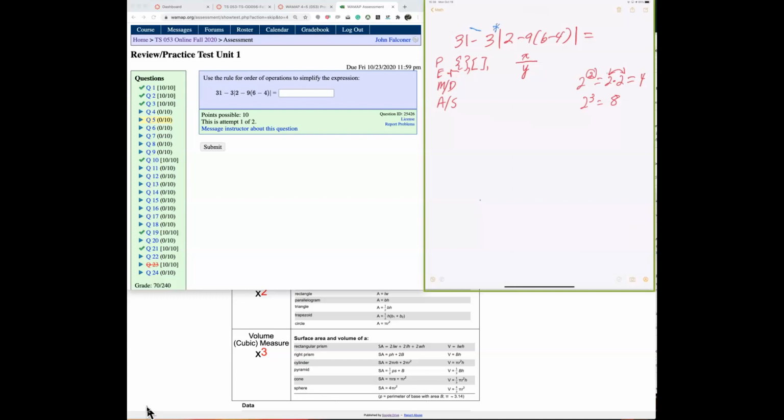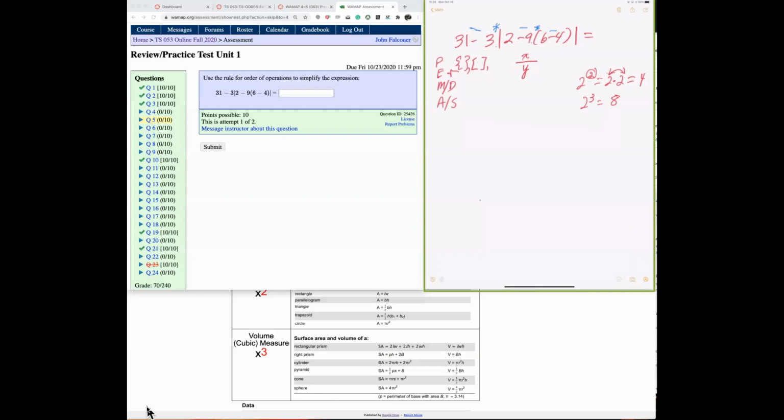This number's right next to this. Then 2 minus 9, here's another subtraction, and another, this is 9 times, so you have to be careful to catch these. When a number's right next to a bracket, it's going to be multiplication, right? Which we see here and here.